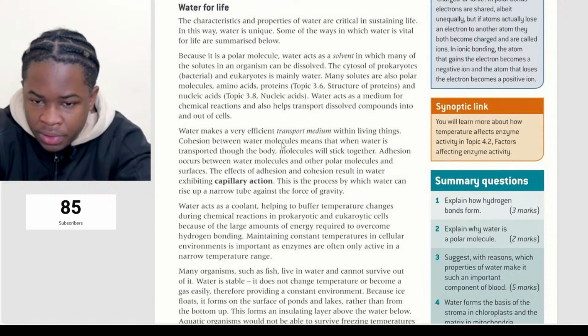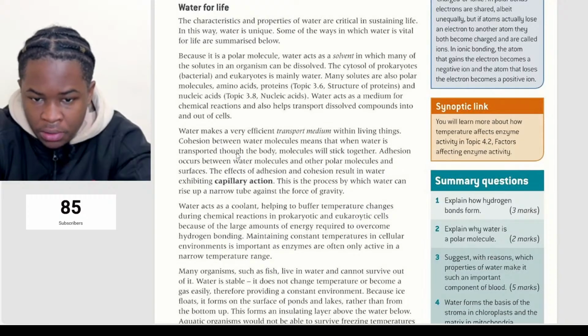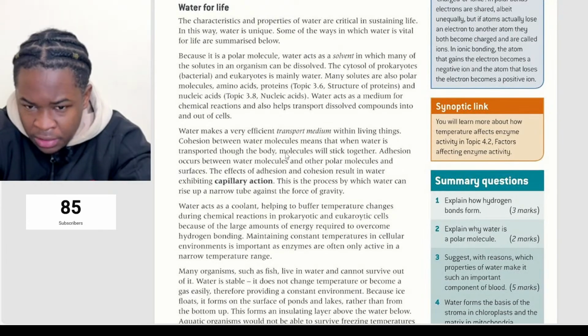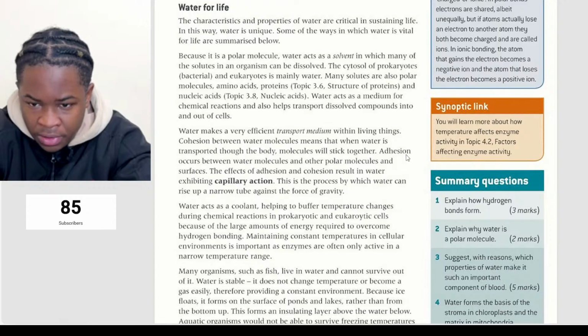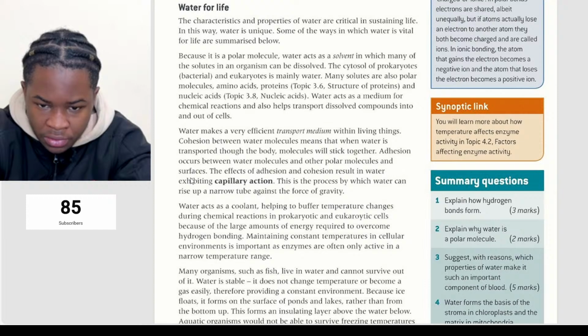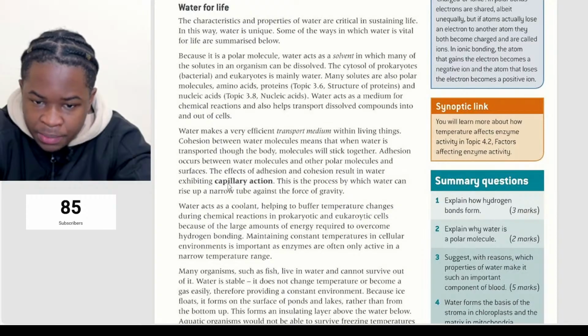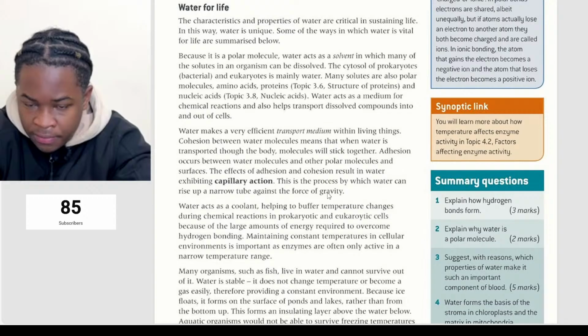Cohesion between water molecules means that when water is transported through the body, molecules will stick together. Adhesion occurs between water molecules and other polar molecule surfaces. The effect of adhesion and cohesion results in water exhibiting capillary action. This is the process by which water can rise up a narrow tube against the force of gravity.